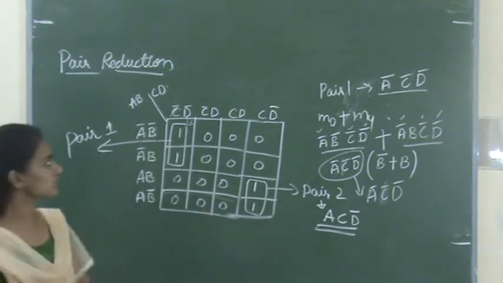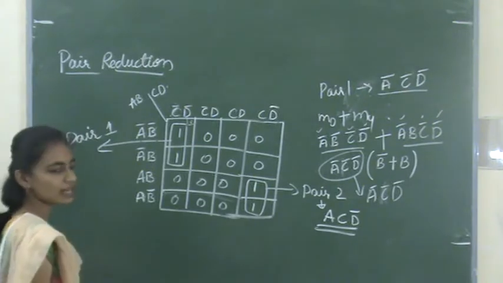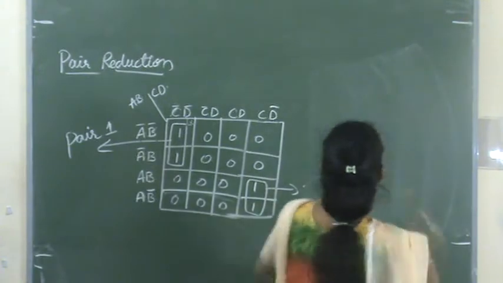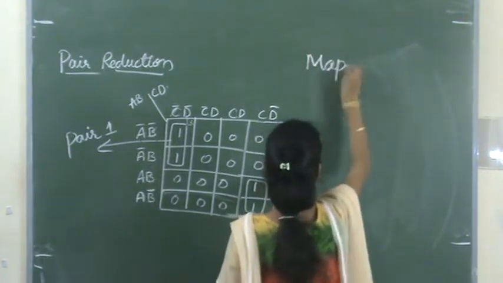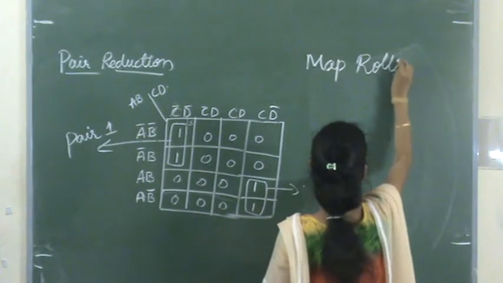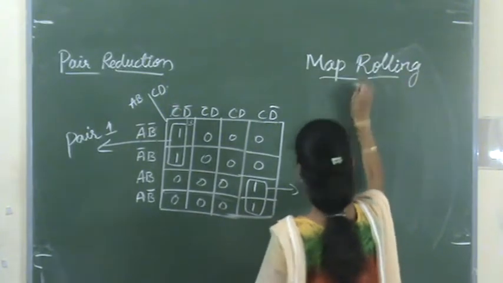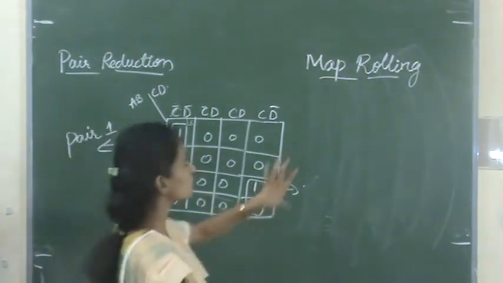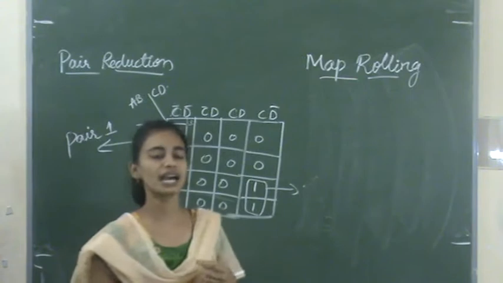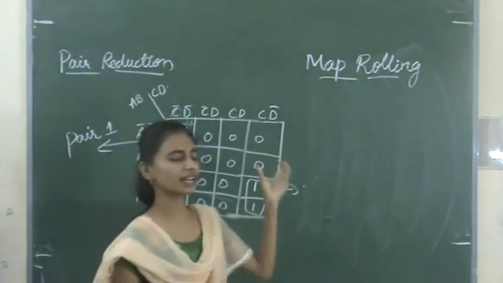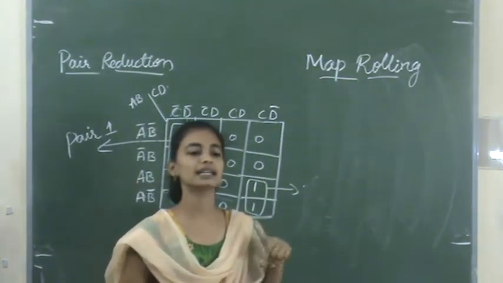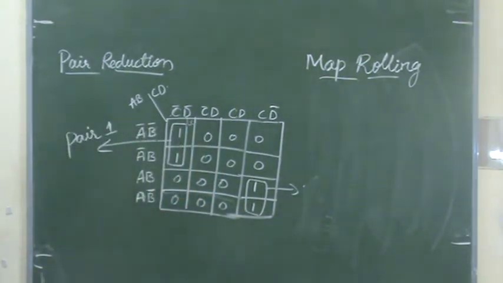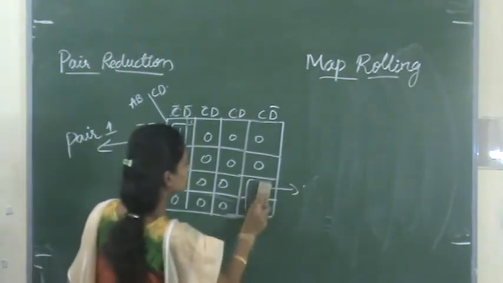After this, the next one is map rolling. So what does map rolling mean? In map rolling, suppose we have a left edge one and it touches a right edge one.